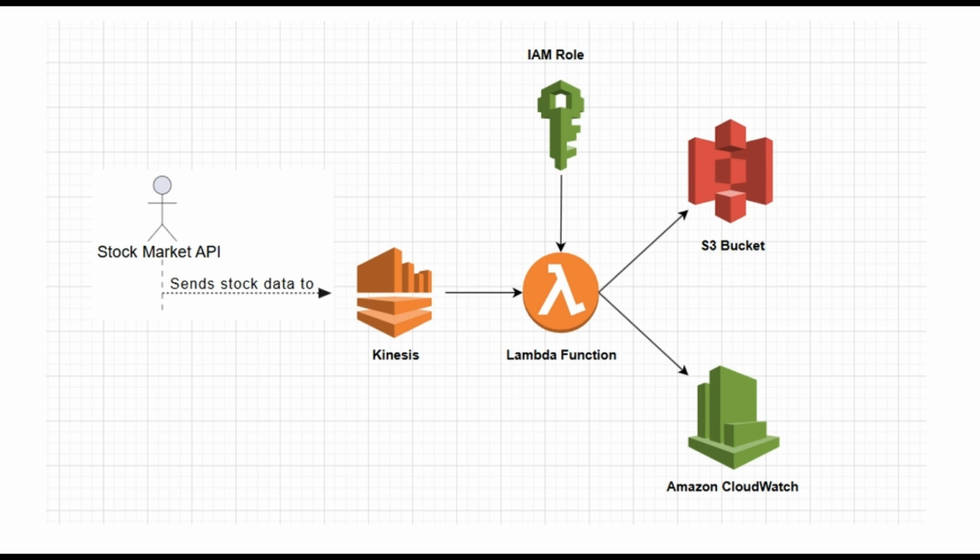Additionally, all the execution logs and the performance metrics are monitored using Amazon CloudWatch. We will also ensure that the Lambda function has appropriate permission using the IAM role. So this is my complete workflow.